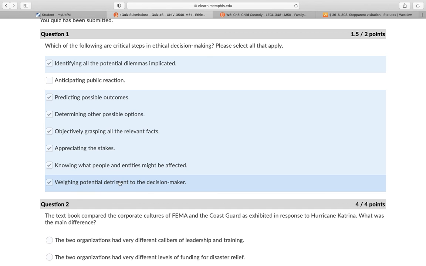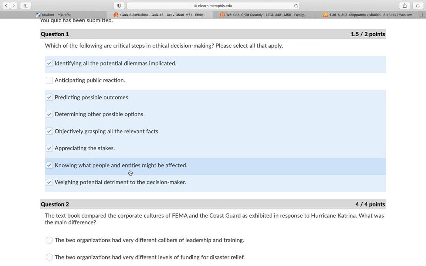I guess weighing potential detriment to the decision maker. The decision maker by far can possibly be a stakeholder. But I think I chose appreciating the stakes to follow up with that bullet point in the book. Understanding how those stakeholders will be affected, I chose knowing what people and entities might be affected. I guess that can kind of correlate with identifying all stakeholders.